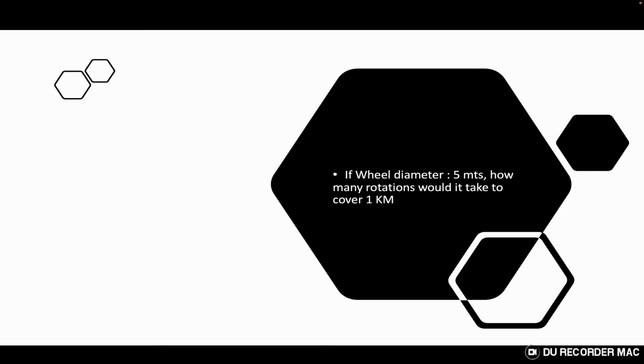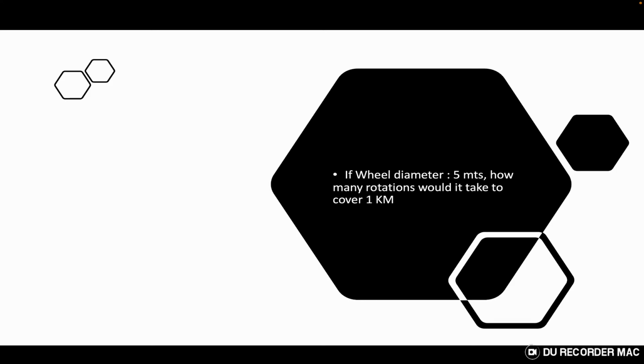It is very often seen that people hurry up and say, oh, it will take 200 rotations, because people end up just dividing the 1 kilometer, which is 5,000 by 5, which is the wheel diameter.